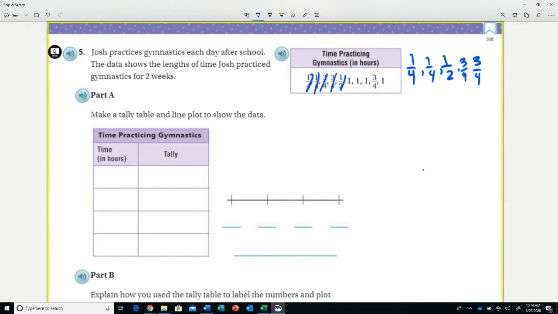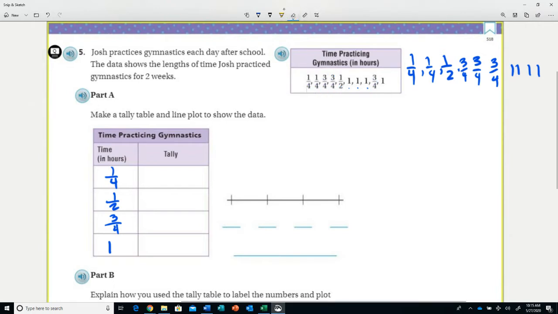So 1, 2, and then one more time, 3/4, and then I have whole numbers 1, 2, 3, 4. So number 1 is my largest, and it's at 4 times. So in terms of hours, 1/4 of an hour or 15 minutes, 1/2 of an hour or 30 minutes, 3/4 of an hour or 45 minutes, and 1 hour at 60 minutes.